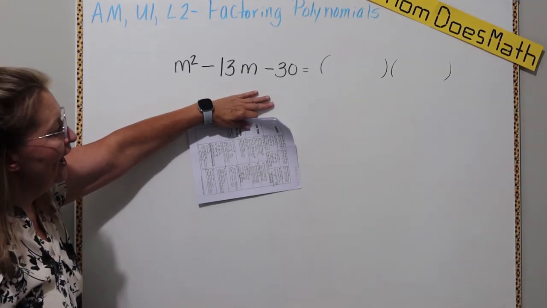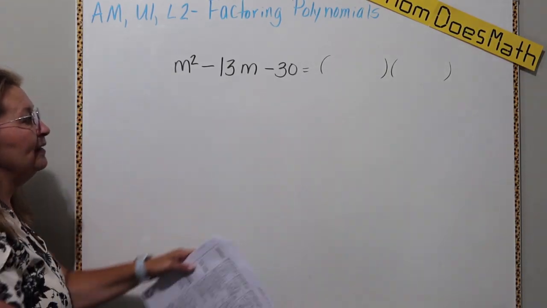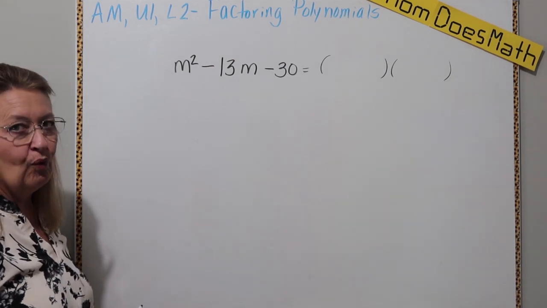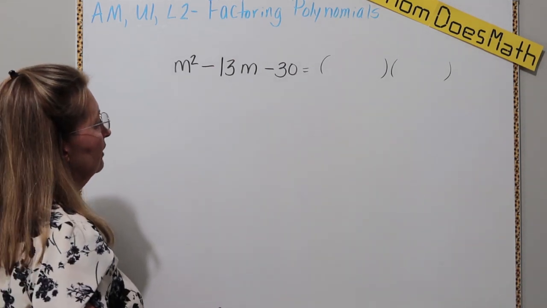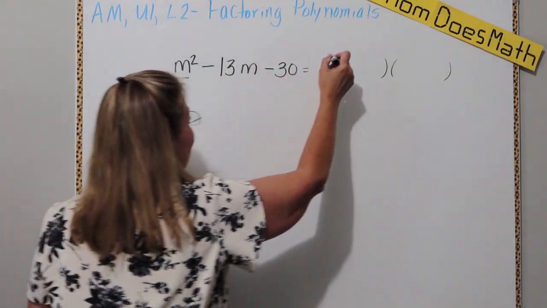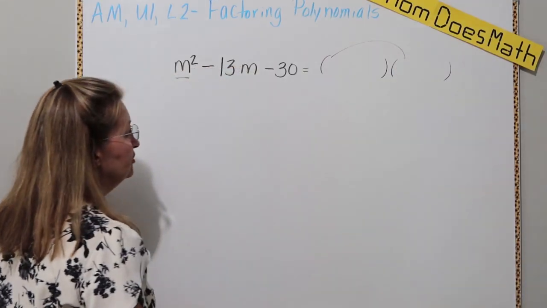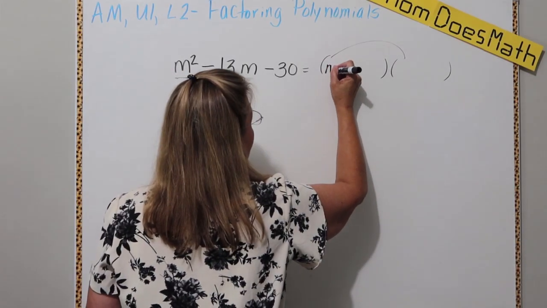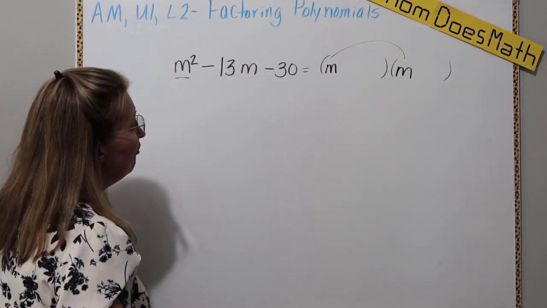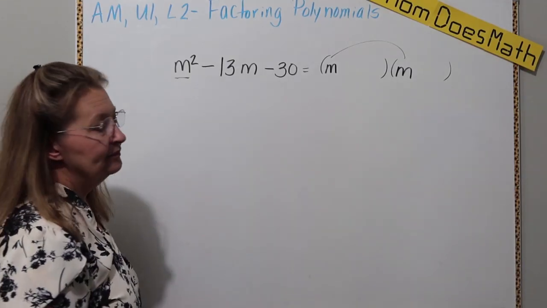Now we know that if we have a trinomial, it came from multiplying two binomials together, and I want to find out what those are. So let's work backwards. Where did this come from? Well, it came from multiplying those two things together. So that's going to be m and m. All right, now let's think about our sign.